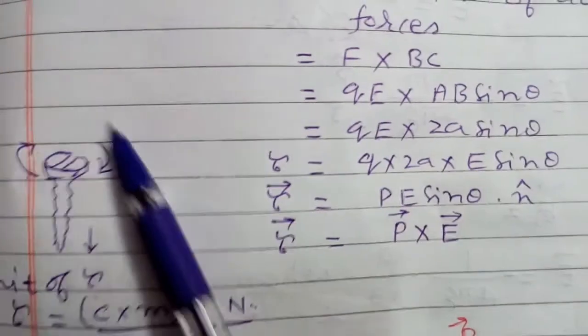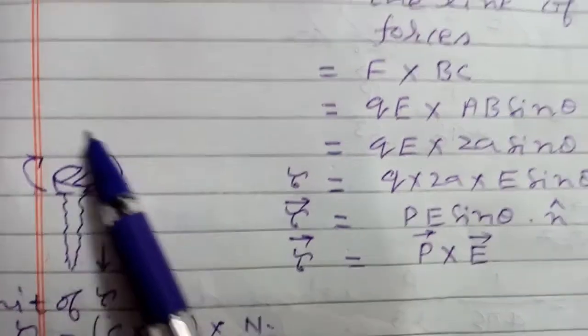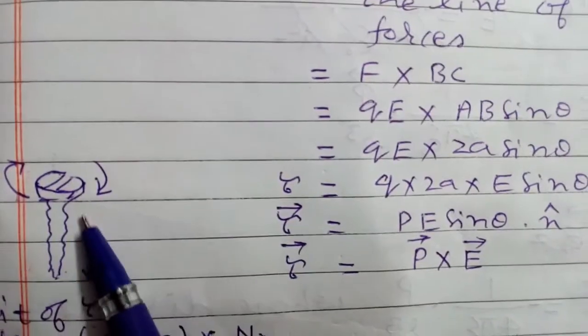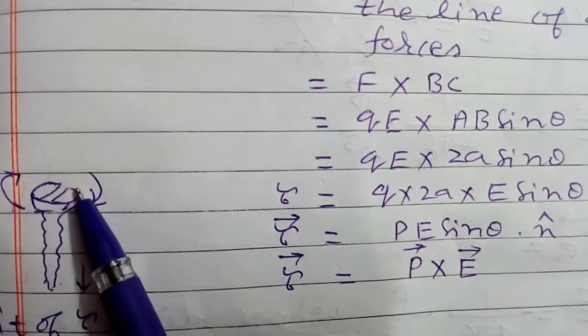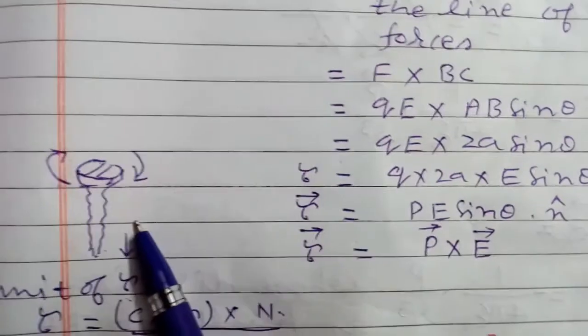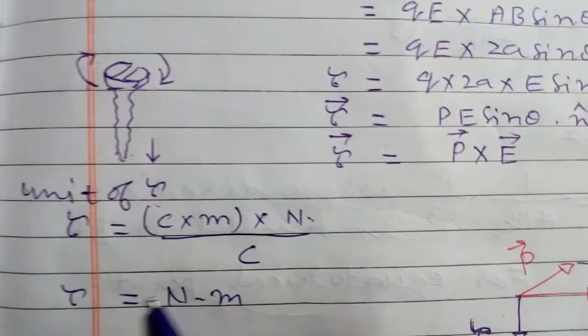Again, look at this diagram. For the direction of torque, rotate this screw anti-clockwise and it will advance in this direction. If this is perpendicular to the plane of the paper, its direction will be inward. Now the unit of torque is Newton meter.